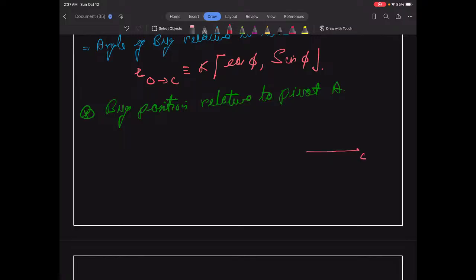O is our center, A is the pivot point, and C is some arbitrary position of our bug.